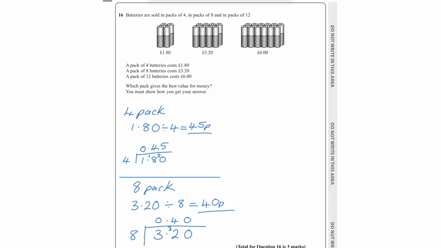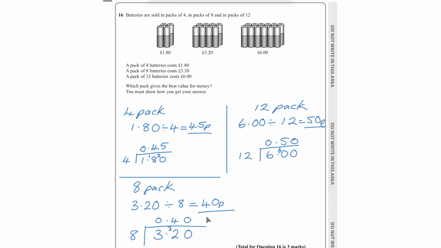And then lastly, we've got the 12 pack. And that's £6 divided by 12. So 6 in the bus stop, 12 here, 12s into 6, 0, carry the decimal point up, and now 12s into 60, that's 5. Look, this is more expensive, they're 50p. And it asked us which pack gives best value for money. So we should say the 8 pack, we should define that.